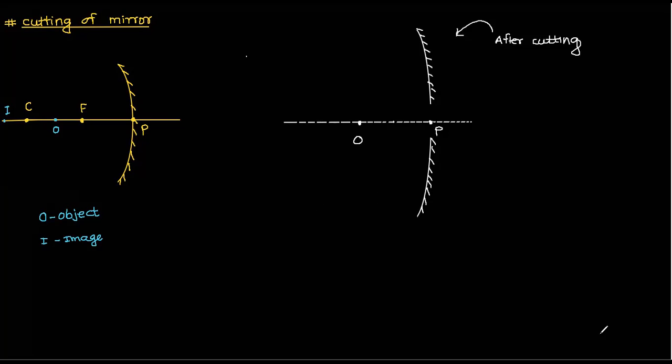Next, now what to do? Number one, two parts separated perpendicular to the principal axis.